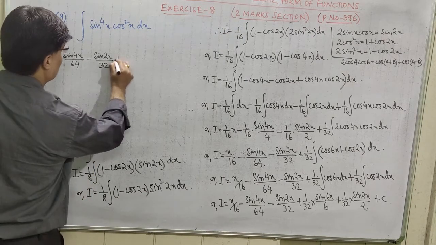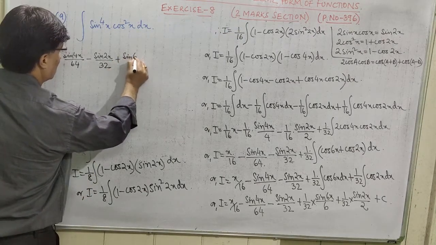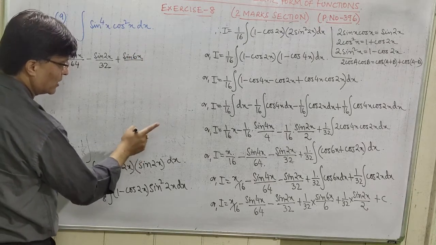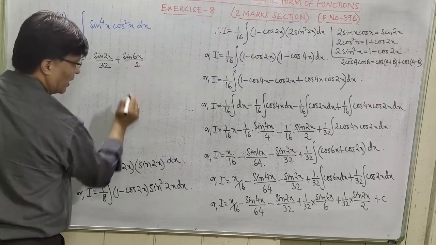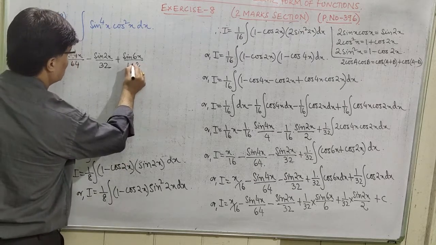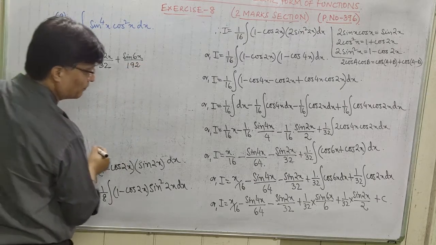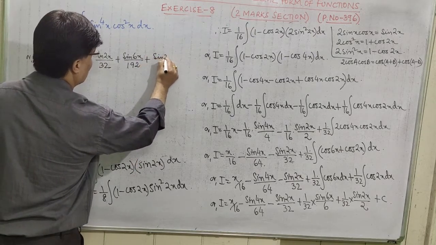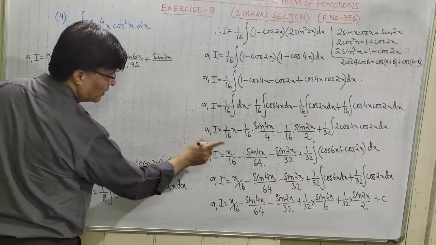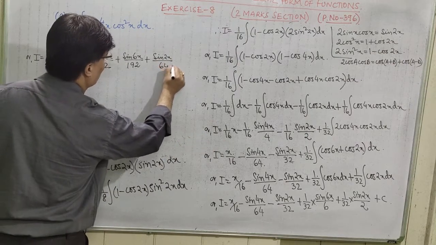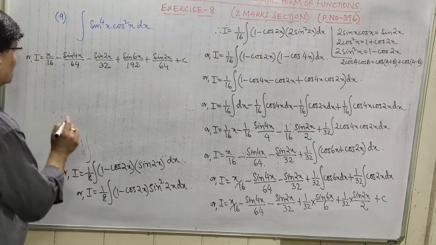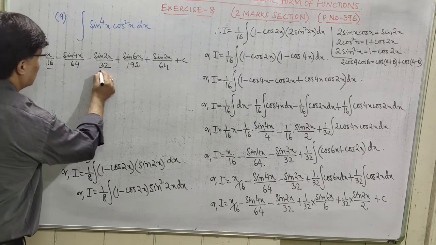Then plus sine 6x by, now let us multiply 32 by 6, that is 192. Plus sine 2x divided by 64, plus c. So I think you have understood it. So let us write down these three terms.